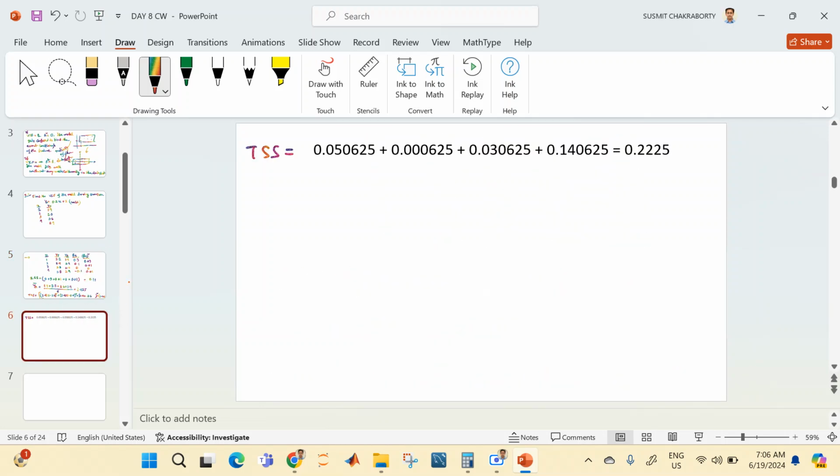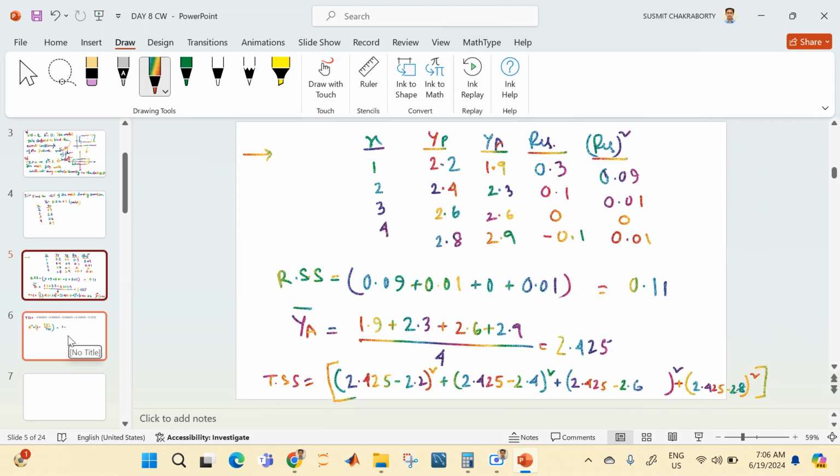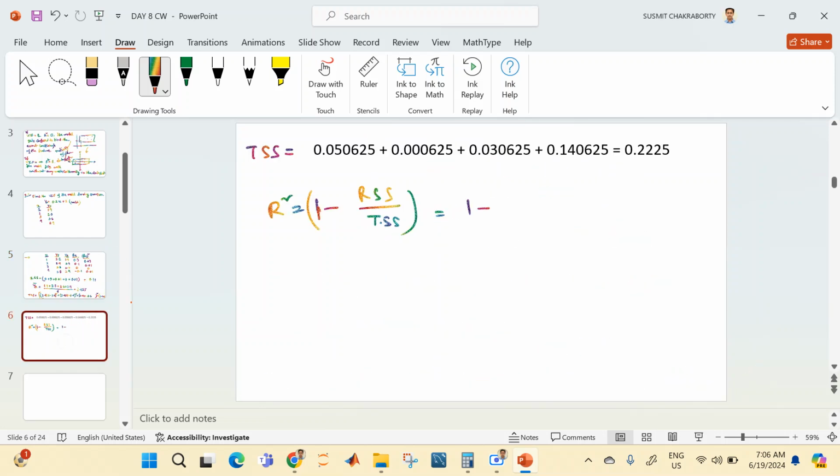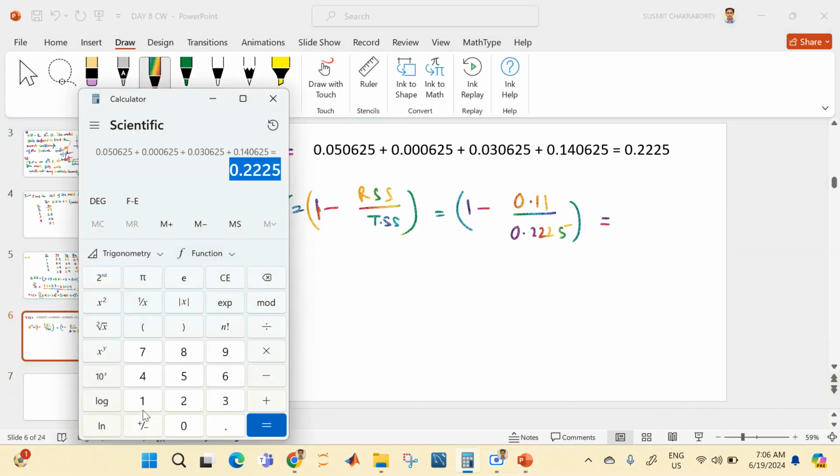Using the formula R square equals 1 minus RSS by TSS, we should find the R square value. What is RSS? It is 0.11. And what is TSS? 0.2225. So 0.11 divided by 0.2225 is 0.4944.